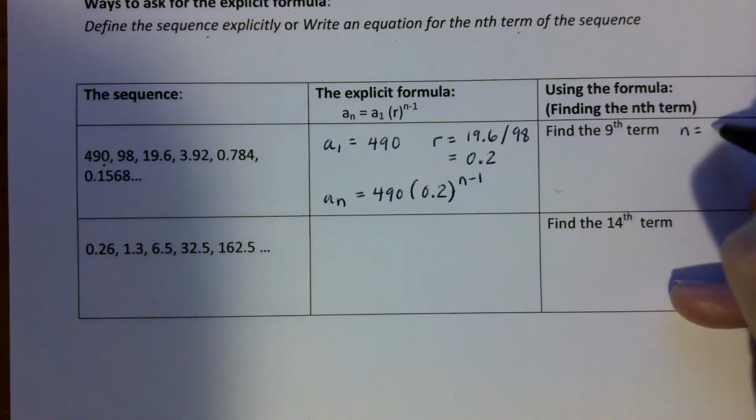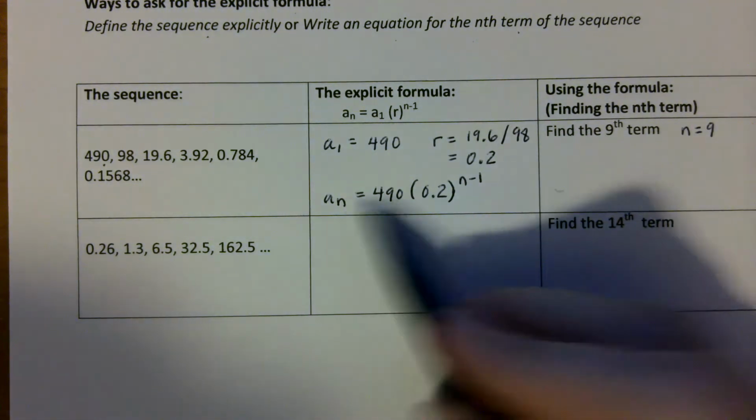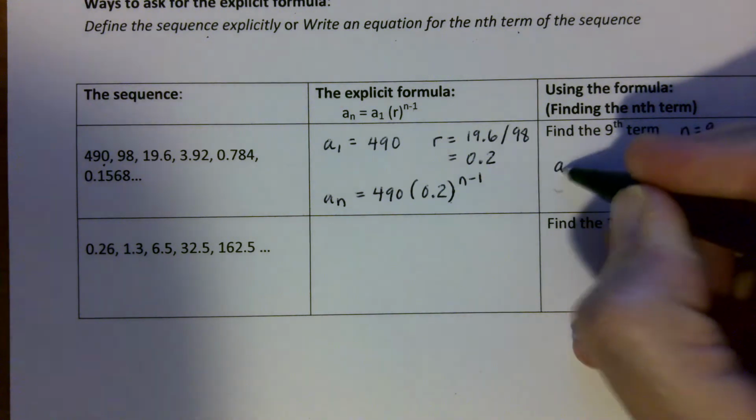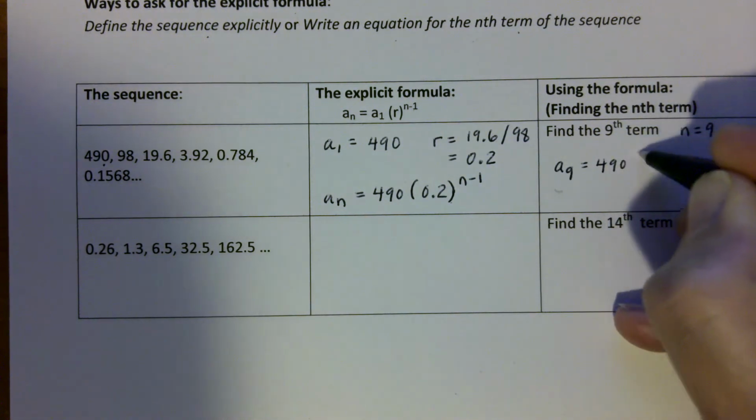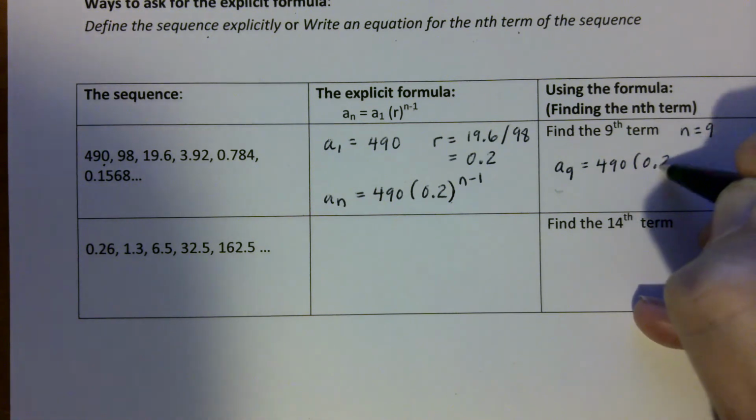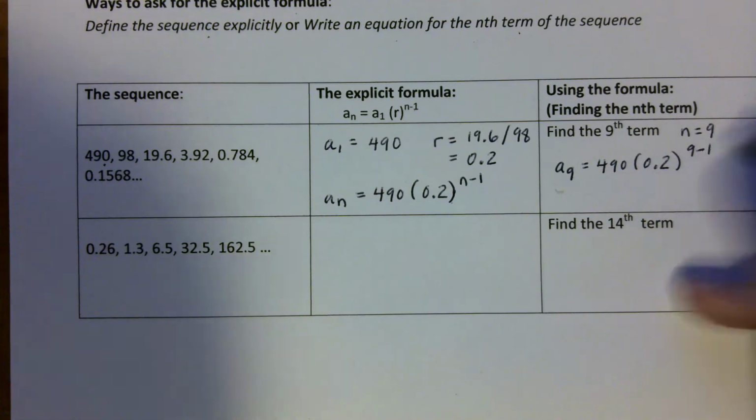What if I want to find the ninth term? That means n equals 9. So I take our formula, and that's 490 times my common ratio to the 9-1 power.